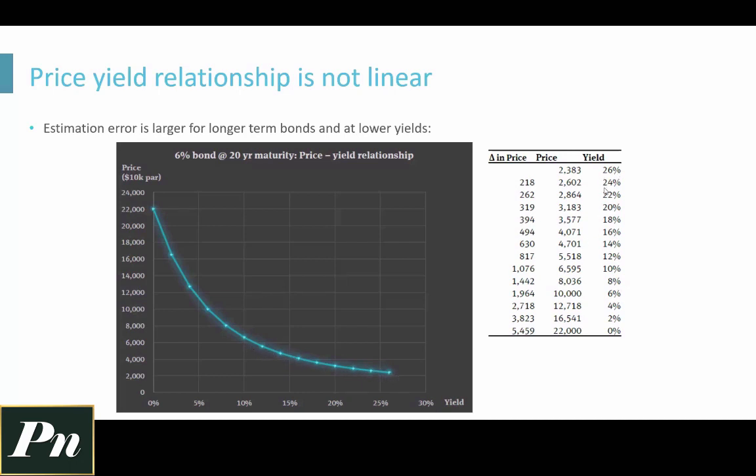So as your yields go higher, the delta change in price is not so significant. Whereas once you start going into these territories, as you get the yield down to 2%, a 2% change is a massive delta between 12,000 and 16,000. So you're having this very significant characteristic curve, and it's, again, larger as the yields are lower in this curve.